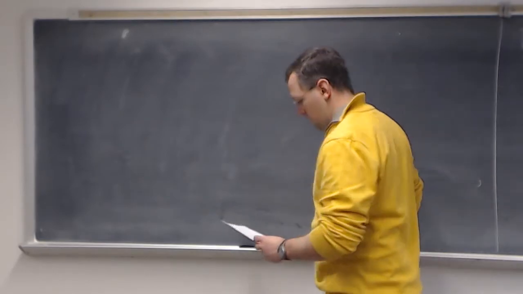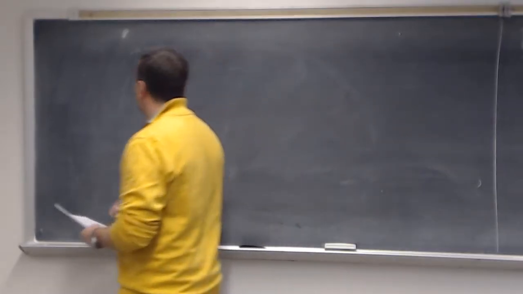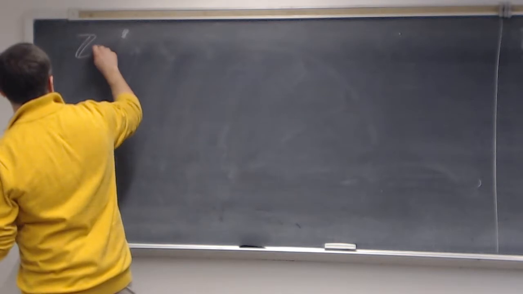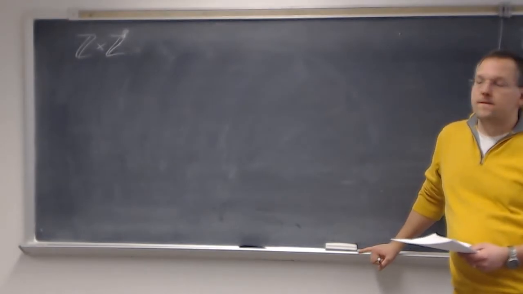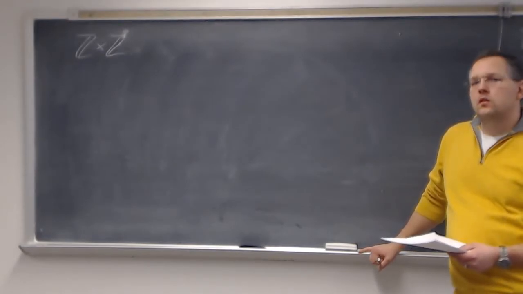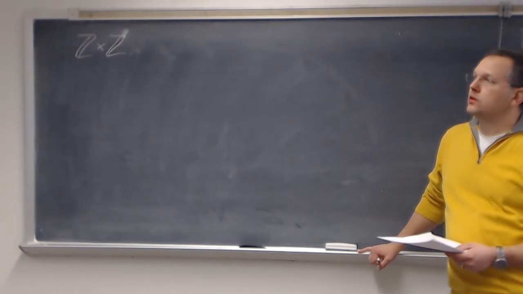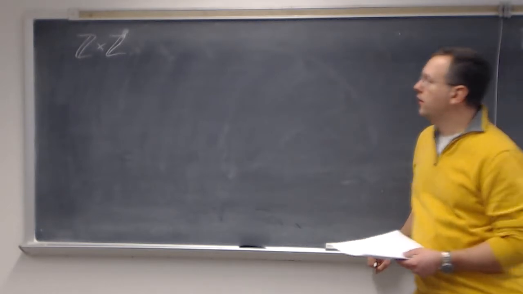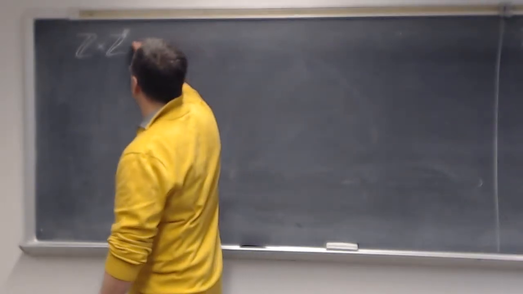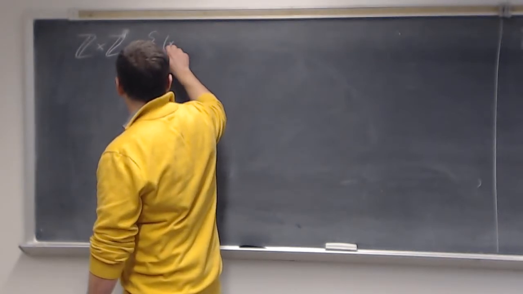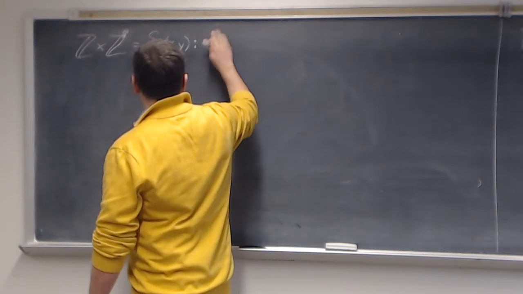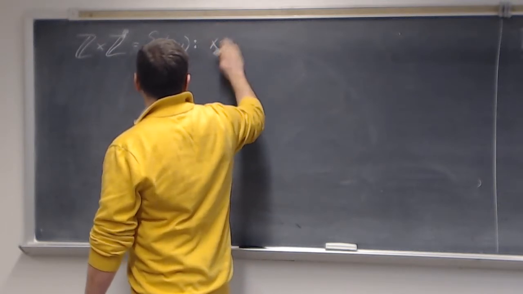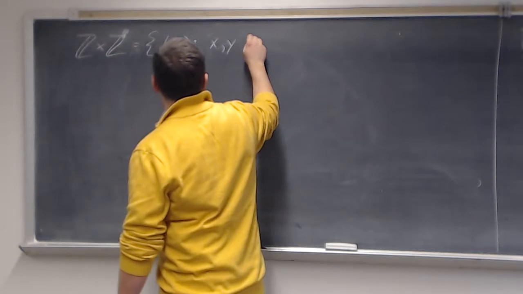All right. How about C cross Z? So, what would this set look like if you graph this set? By definition, it's a set of all points x, y such that both coordinates are integers.